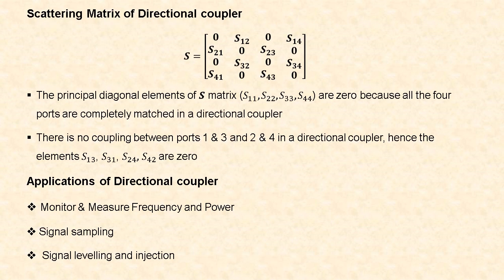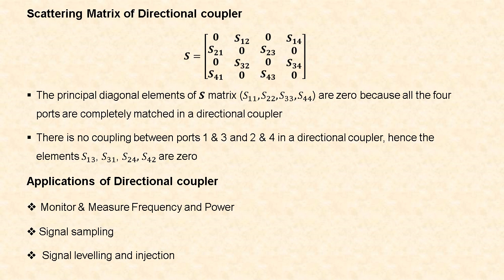Next is the scattering matrix or S matrix of a directional coupler. It is given by S is equal to 0, S12, 0, S14; S21, 0, S23, 0; 0, S32, 0, S34; S41, 0, S43, 0.